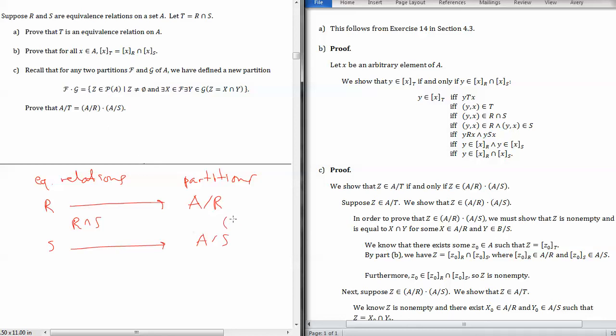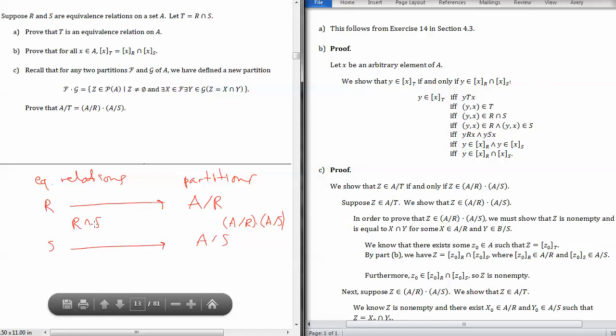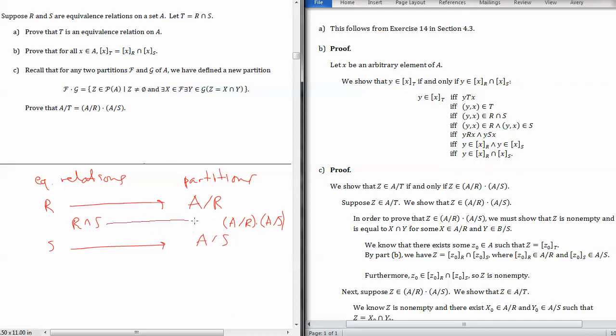So that would be A modulo R dot A modulo S. Okay, and the cool thing is that this operation of intersection over here corresponds to this operation of dot product over here. In fact, that's really why this dot product operation on partitions is defined, to have a counterpart to the intersection for equivalence relations. So that's one way of understanding what this is.